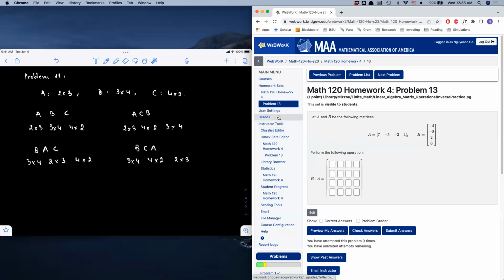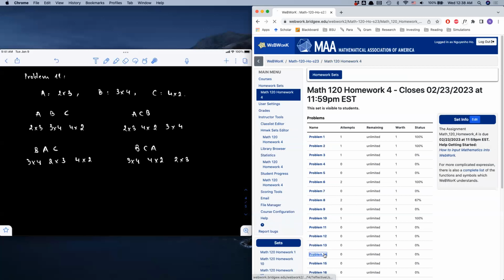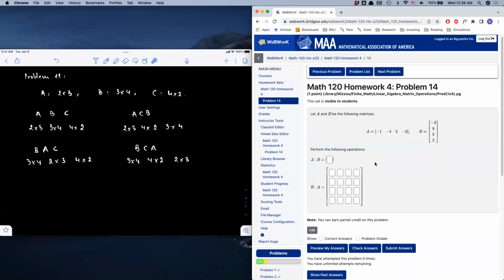All right, so let me move on to number 14. So number 14, again, this is matrix multiplication. So A times B, 1 by 4 combined with 4 by 1. So you should have just one entry at the end for A times B. But for B times A, it should be a 4 by 4 matrix as well.